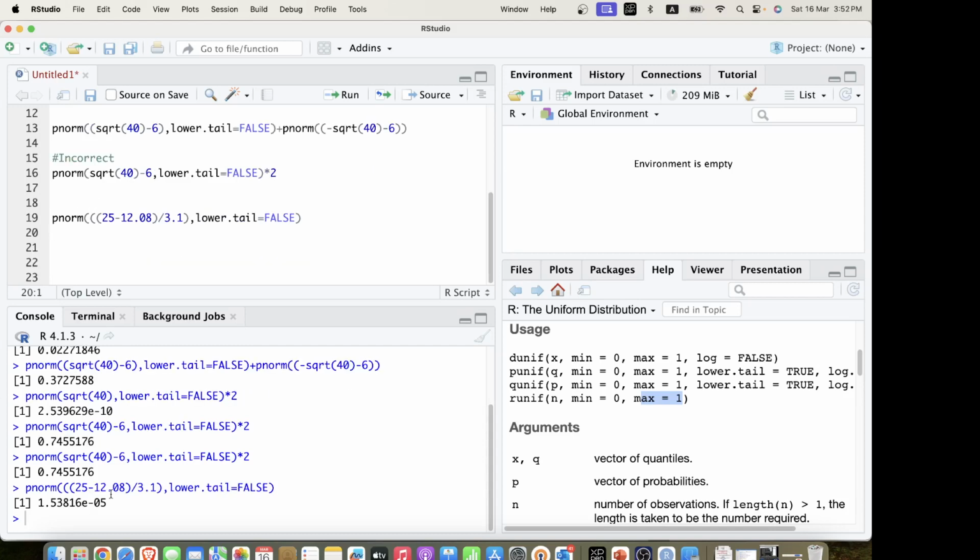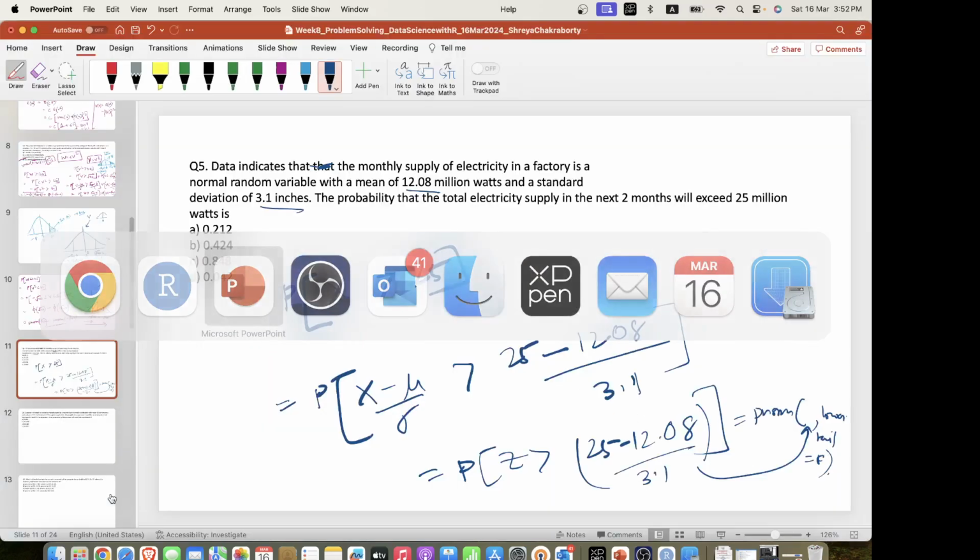This is 1.53 into 10 to the power minus 5.